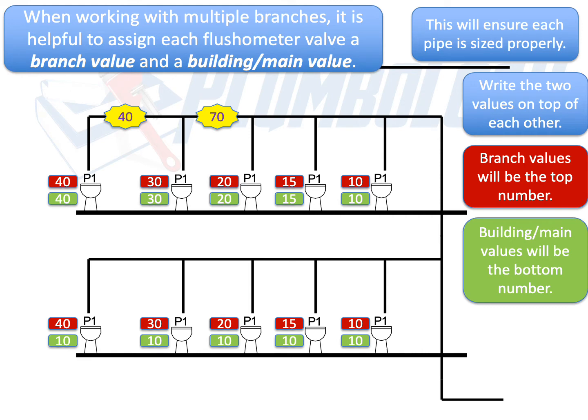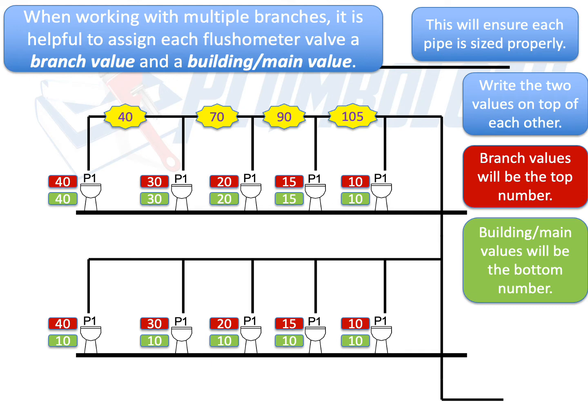We pick up another flush valve labeled 20 for the branch. So 70 plus 20 would be 90. We continue. We pick up another one. We've labeled it 15. 90 plus 15 will be 105.